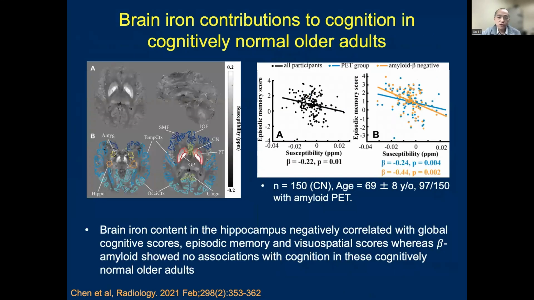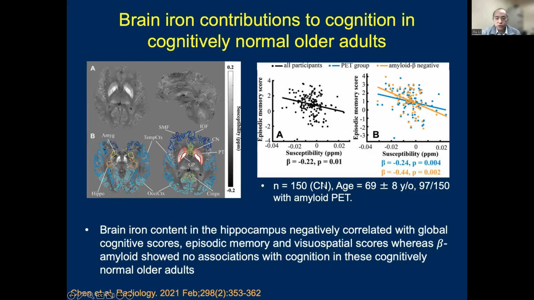And in a very recent study we did here in an even younger population of cognitively normal subjects, we found a strong association between the subjects' cognitive functions in certain domains, like memory or visuospatial functions, and the magnetic susceptibility in the hippocampus.